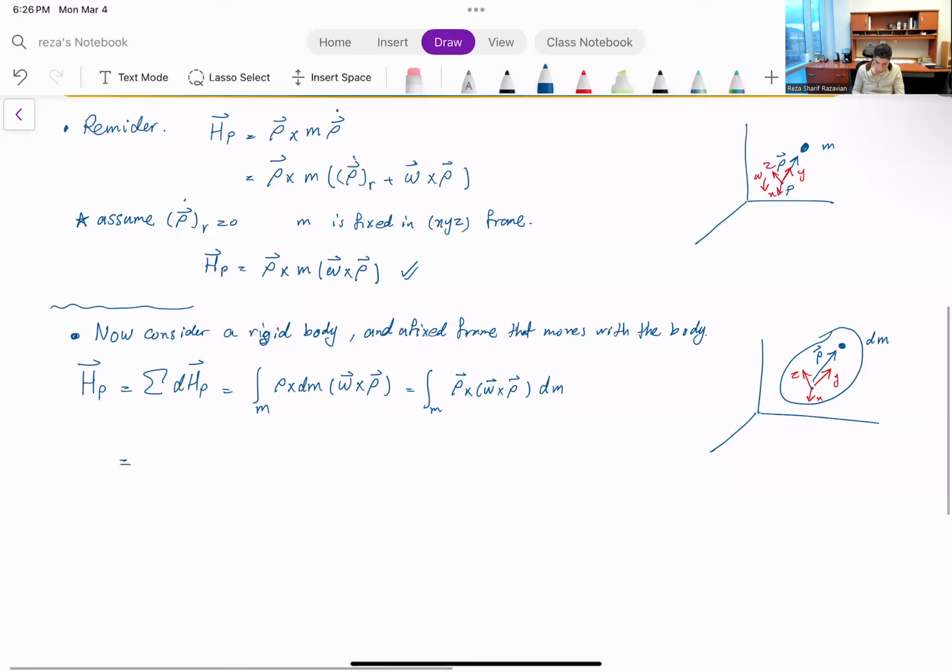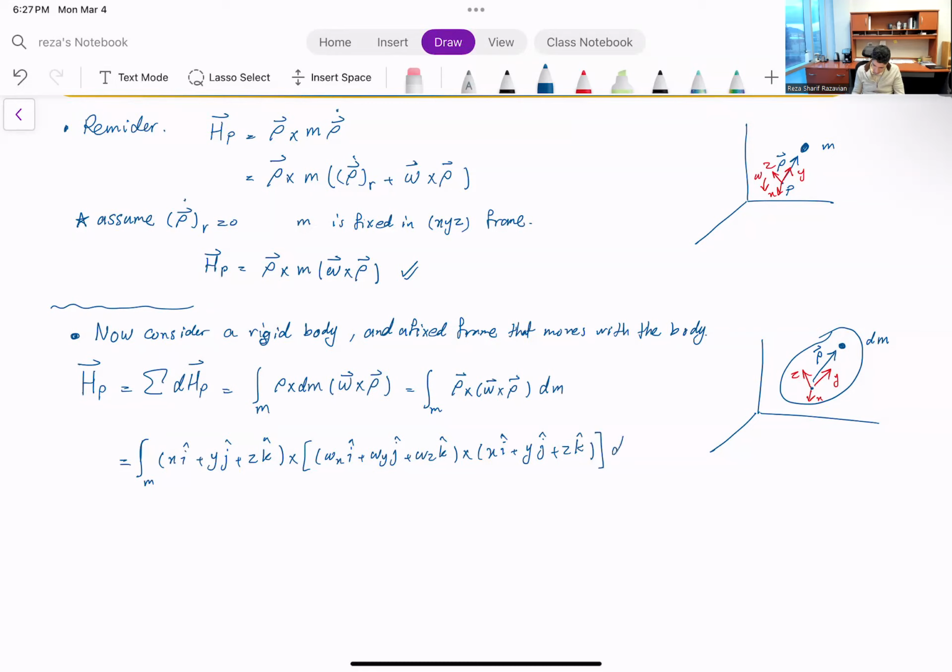So in this case, the angular momentum becomes the integral over m of (x i + y j + z k), that is my rho, cross my omega, which is omega x i + omega y j + omega z k, cross again rho, x i + y j + z k. Finally, dm.